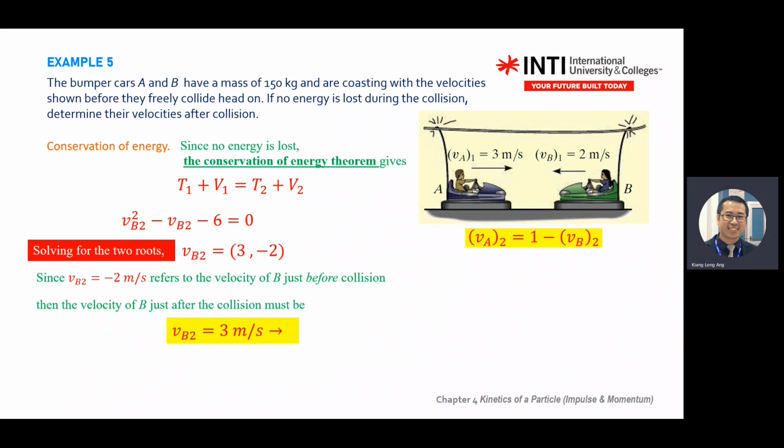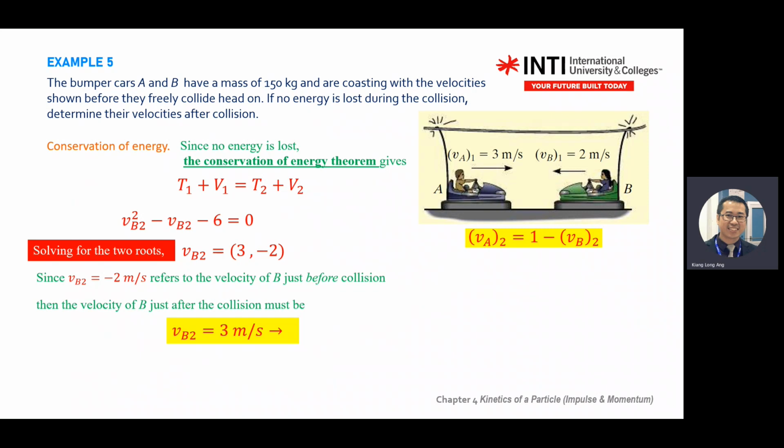One is -2. This is because it is a quadratic equation. The quadratic equation tells you that this is also a possible velocity for B, but only at a different time.